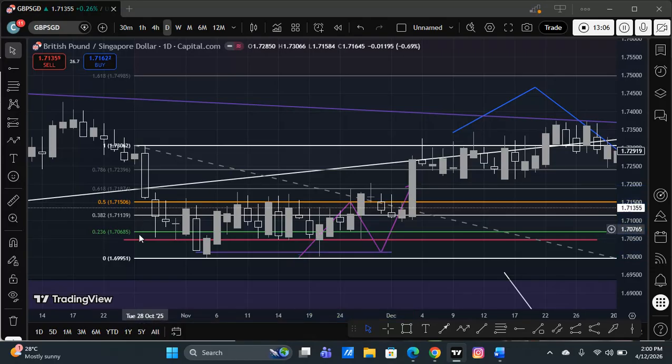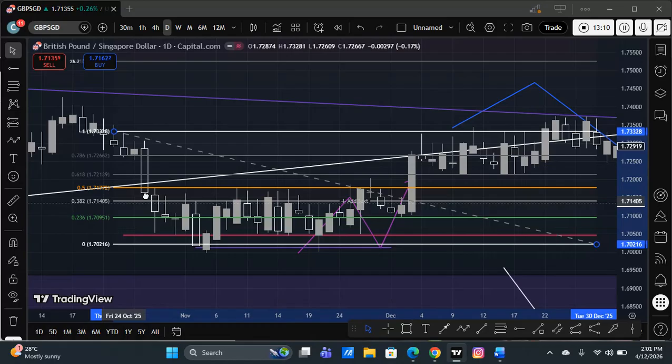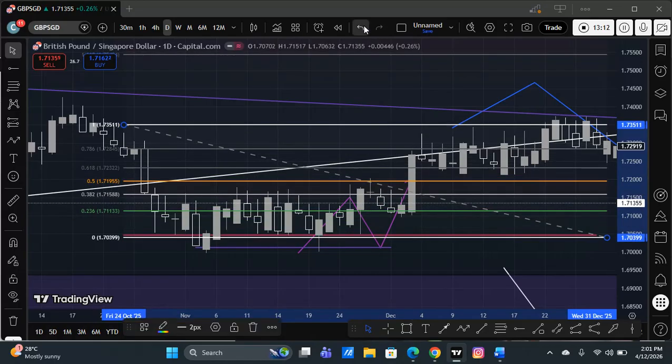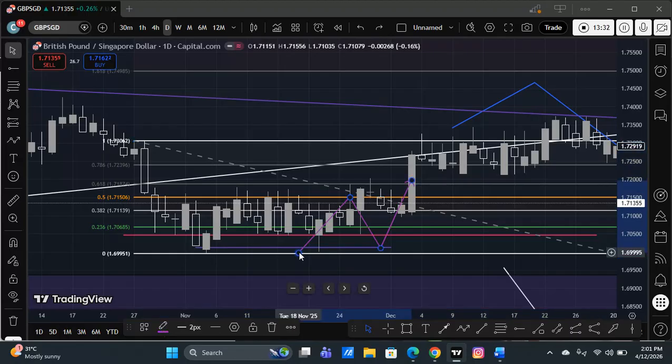This is the Fibonacci retracement levels, and this is the 23.6 and the 50%. So those are the two levels that I trade with currencies, and with commodities I trade the 38.2 and the 23.6.